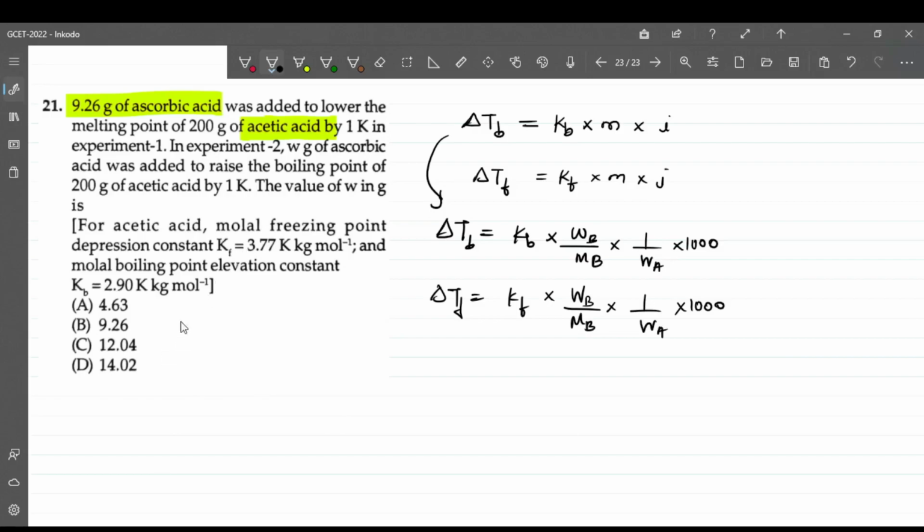So what would be the delta Tf over here? The difference is 1 Kelvin, which is equal to, we'll write the value of Kf, which is 3.77, into the weight of experiment 1, which is 9.26, and the molar mass of the ascorbic acid, which comes to 176, we'll write this as Mb, and the weight of the solvent is 200 gram, into i factor.